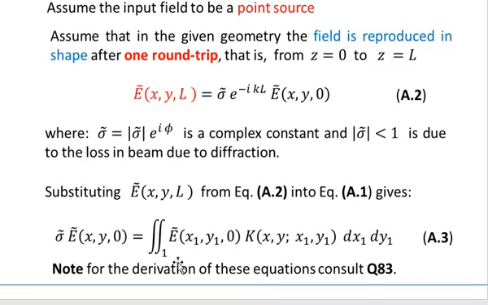The integral contains E prime of x1, y1, 0, where E prime of x1, y1, 0 is the field at the aperture 1, and then kappa as a function of x, y, x1, y1, and the variables of the integrals are dx1 and dy1. Note that for the derivation of these equations you should consult slide number 83. So you see that this is the equation that I am referring to.